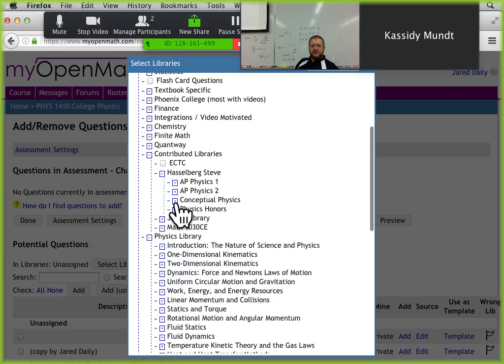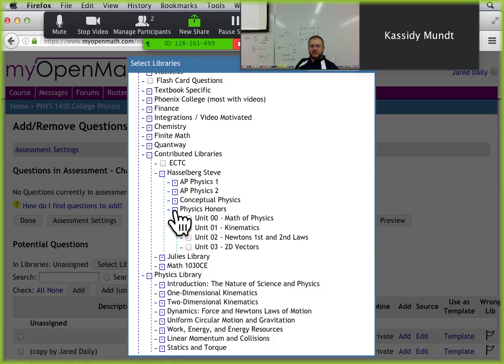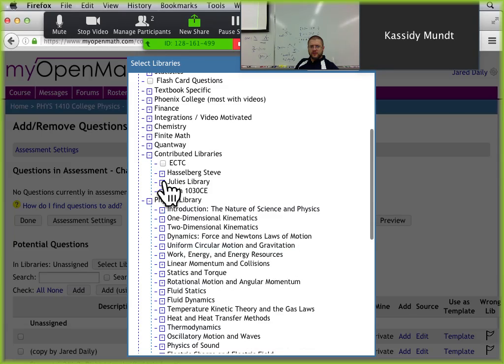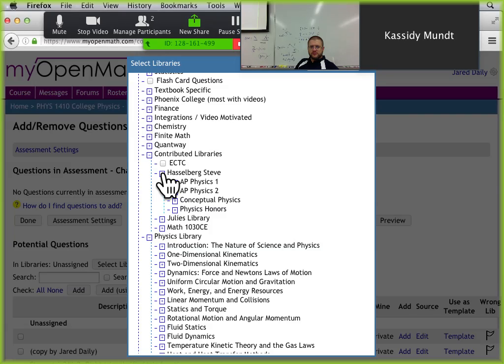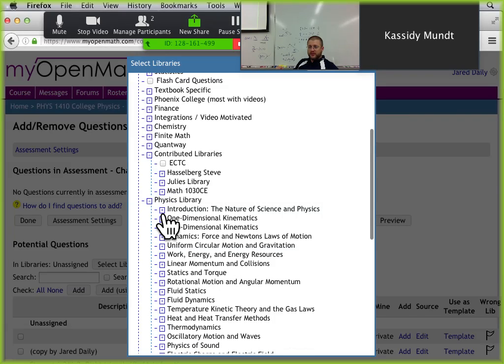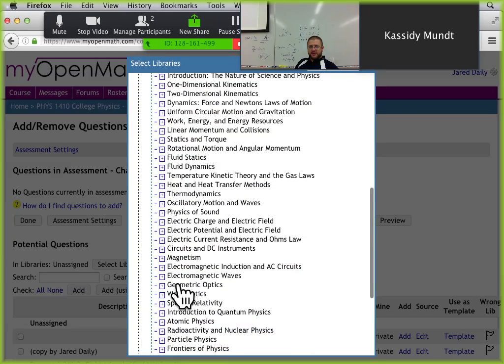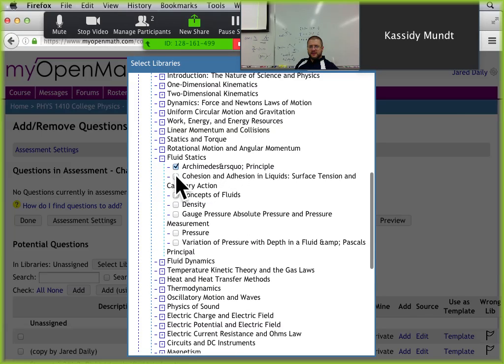Nothing here either. Fluid statics, one down. Where? There, just under the physics library option. Oh yeah, that's the last place we'll check here in just a second. Last resort. Well, this is the one that is for the book. I like to look at some other questions that are available just to see if there's anything interesting. So we're looking at fluid statics.